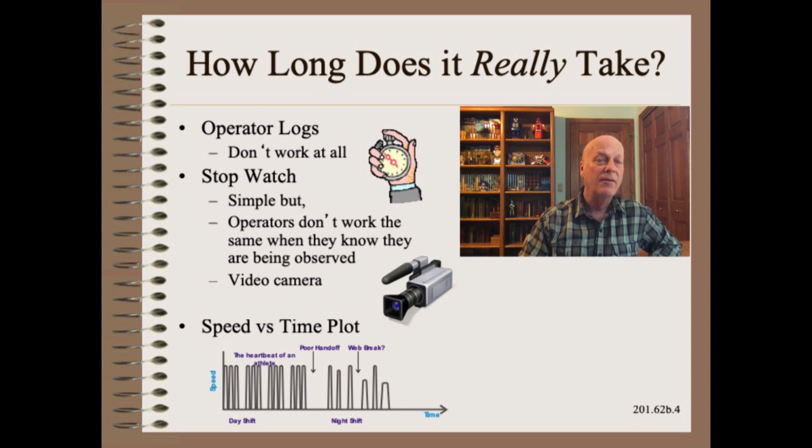Here I offer 4 ideas, 3 on this slide and my favorite on the next slide. You could have the operators log their own activities. Some PLCs do this semi-automatically by requiring the operator to select a downtime code whenever the machine hits 0 speed.